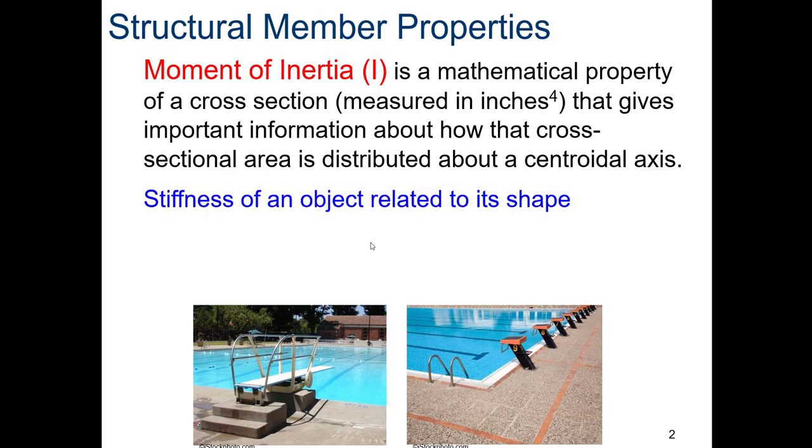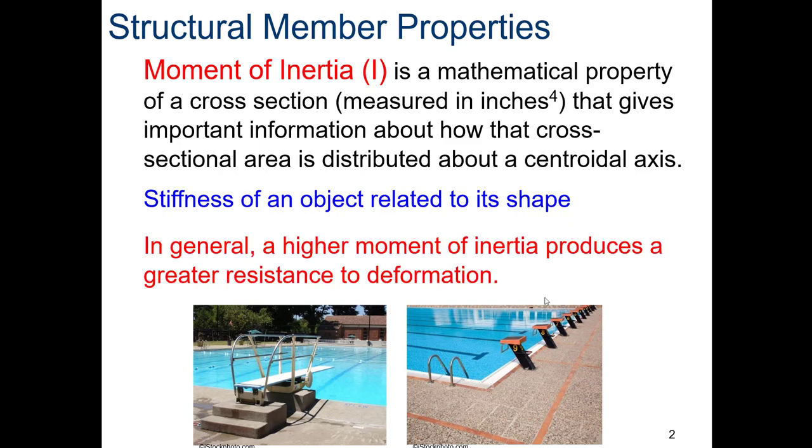Stiffness of an object is related to its shape. In general, a high moment of inertia means greater resistance to deformation. If I were going to write notes on this in my engineer's notebook, I would definitely focus on this sentence.